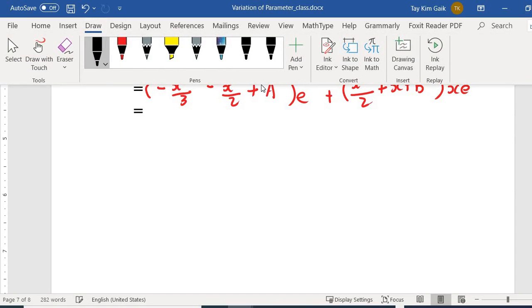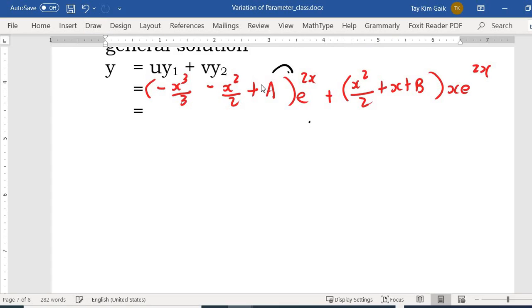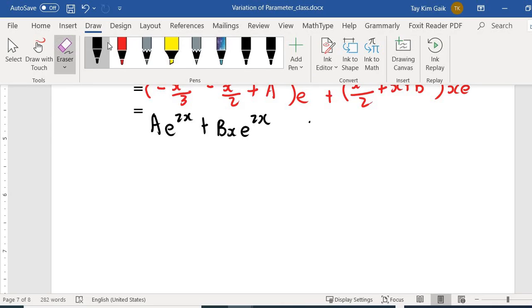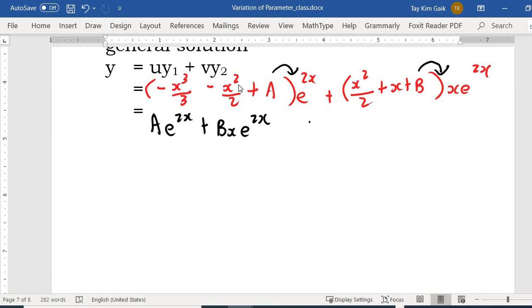And then, similarly, you will take the terms with a and b first. So you have a exponent 2x plus bx exponent 2x. Later on, you expand the terms without a and b.